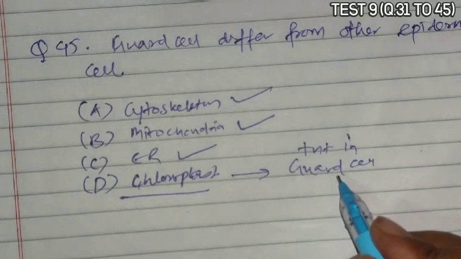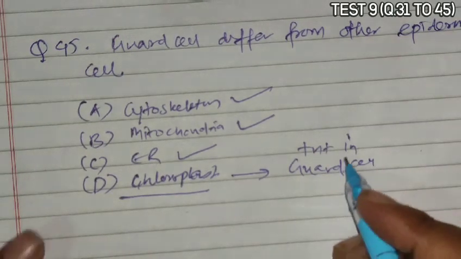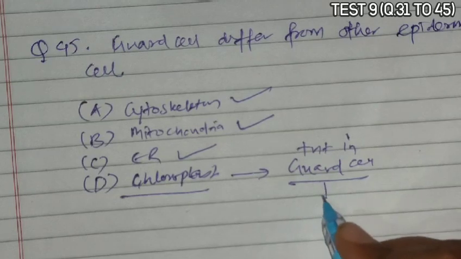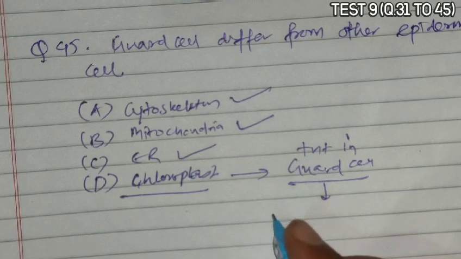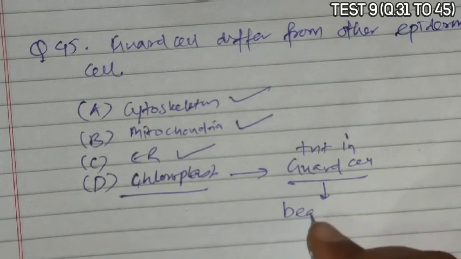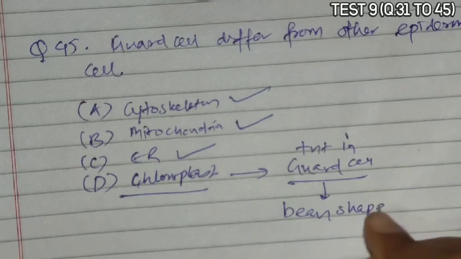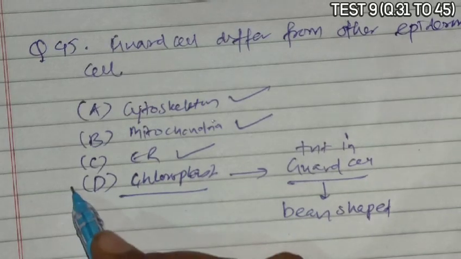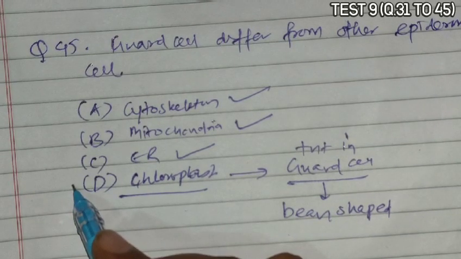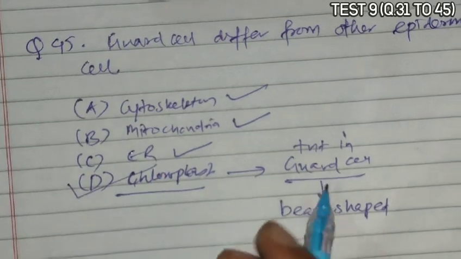The guard cells differ from the other epidermal cells in that they are bean shaped, whereas the epidermal cells are irregular in shape, and guard cells contain chloroplasts, so they can manufacture their food by photosynthesis. So D becomes the correct answer.